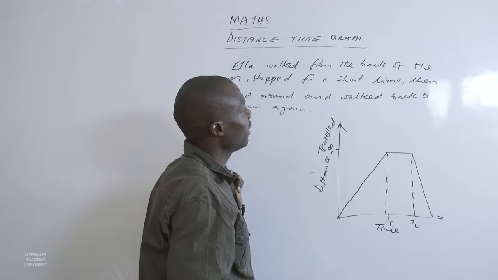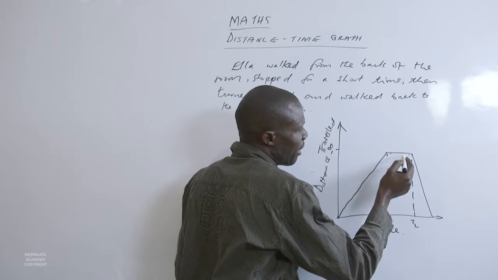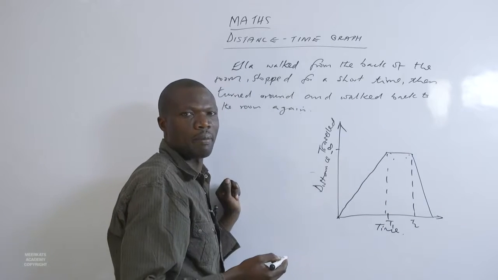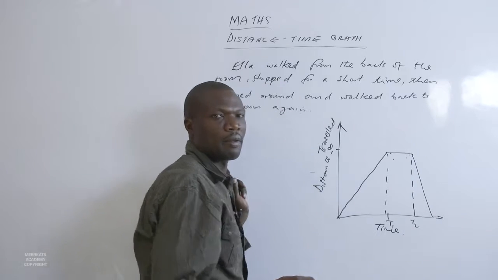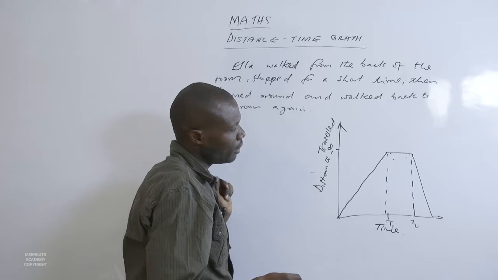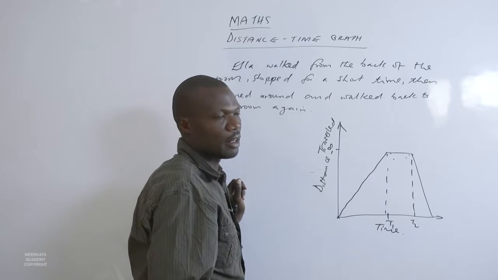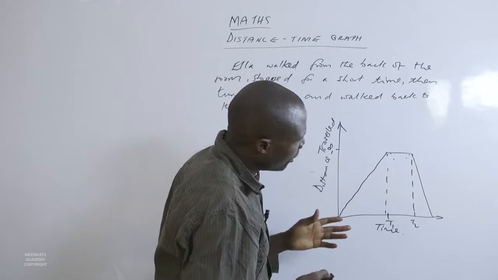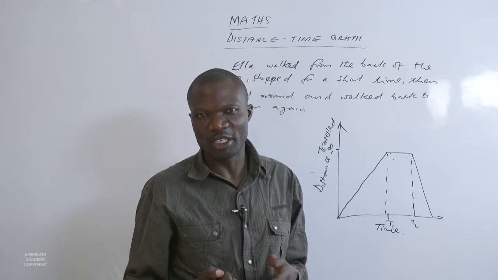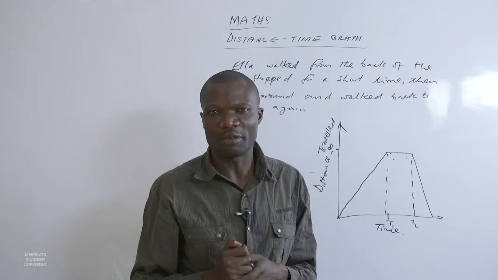There is some resting. Ella is resting. So this part here, there is resting. And then she walked back at a certain speed. That's why we have a constant gradient. So when we talk about a gradient, it means a lot when we are referring to a distance-time graph.